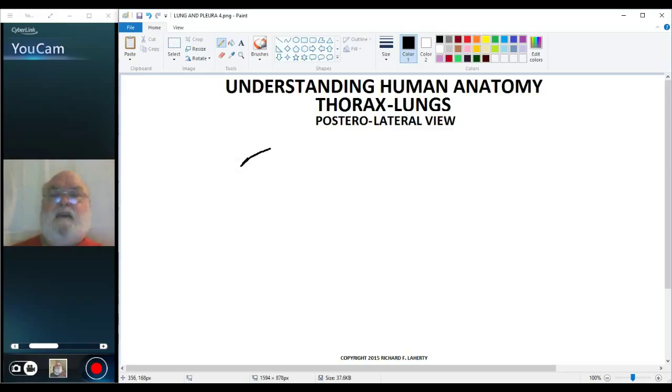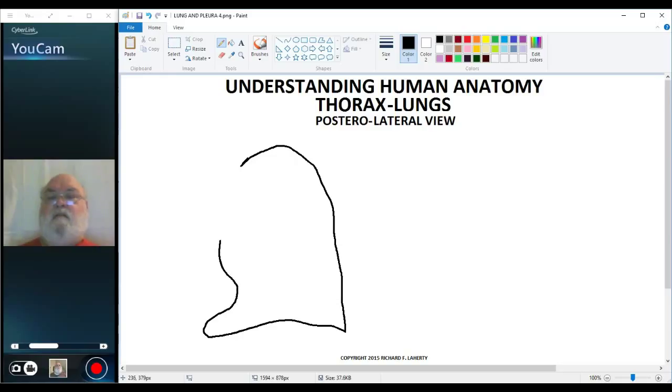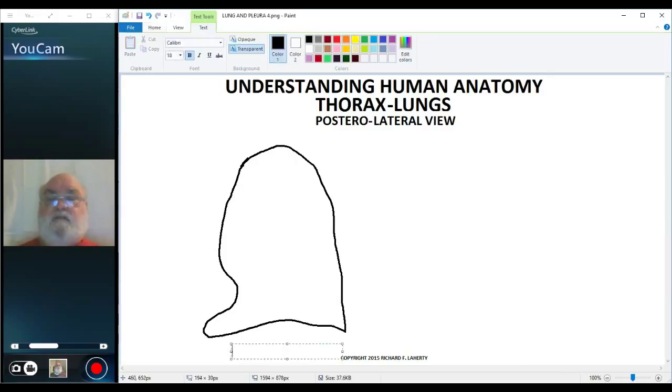And let me sketch it in like so. And just so I know it gets confusing when we change our views, this is the left lung.